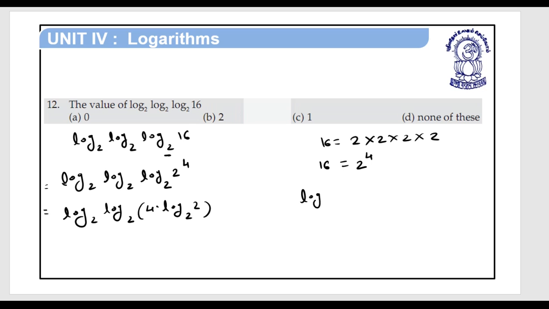Here log 2 to the base 2 is equal to 1. So 4 into 1, so 4.